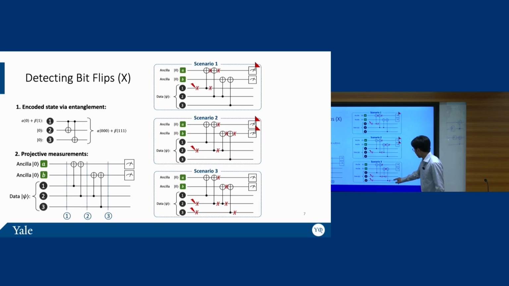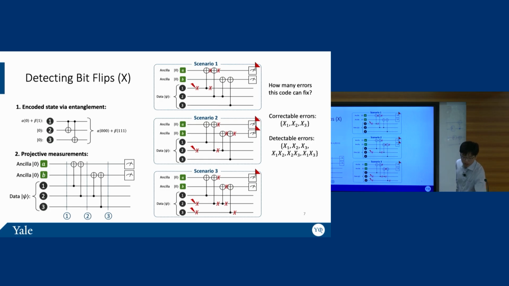So at the end, you only observe a flag in the first measurement result. And notice that this measurement result is the same as in the first scenario, however they experienced different errors. In other words, this circuit cannot distinguish between these 2 errors. You can get confused by just looking at the measurement results.